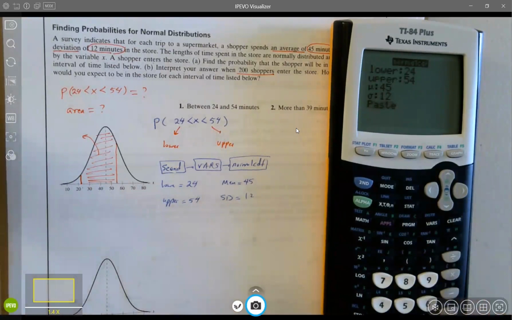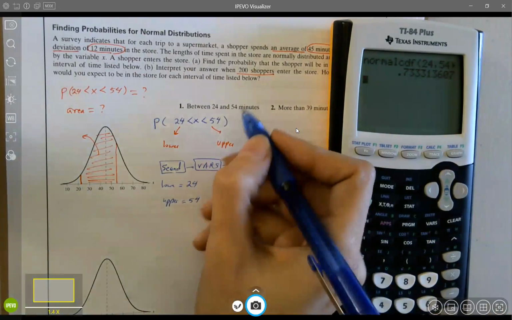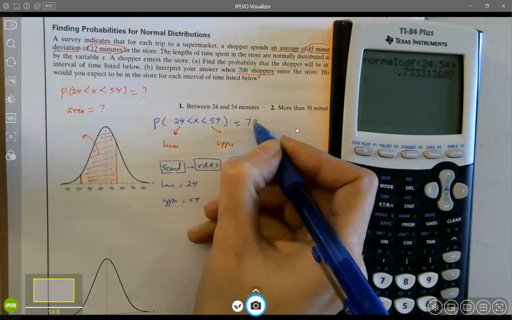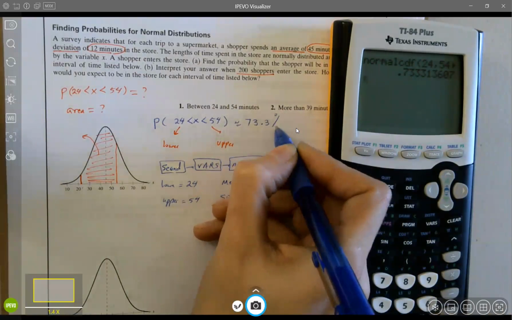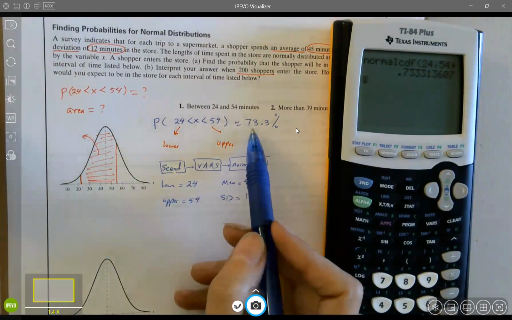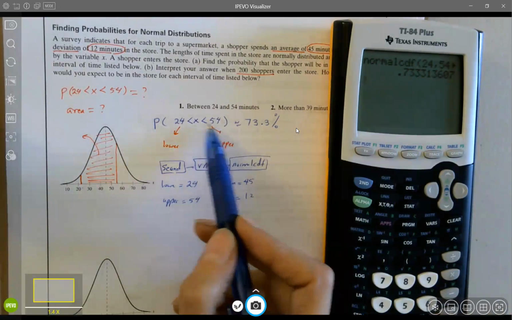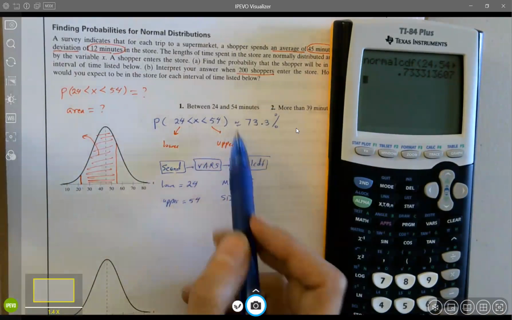We have all the information, and then the probability is almost 73%, about 73.3%. So the probability that the shopper spends between 24 and 54 minutes in the store is 73%.